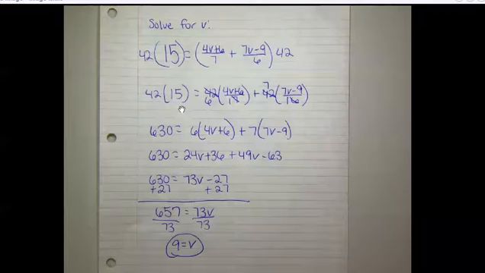So 42 times 15 is 630. All that's left here is 6 times parentheses 4v plus 6, plus 7 times parentheses 7v minus 9.